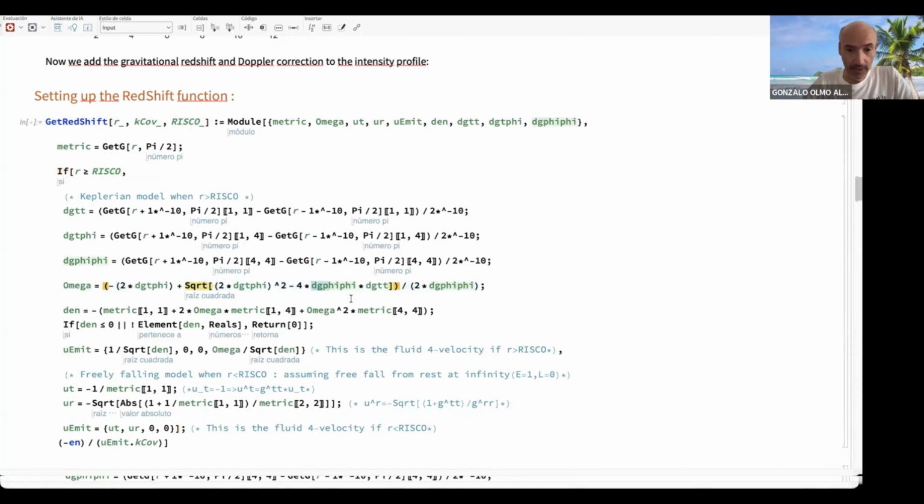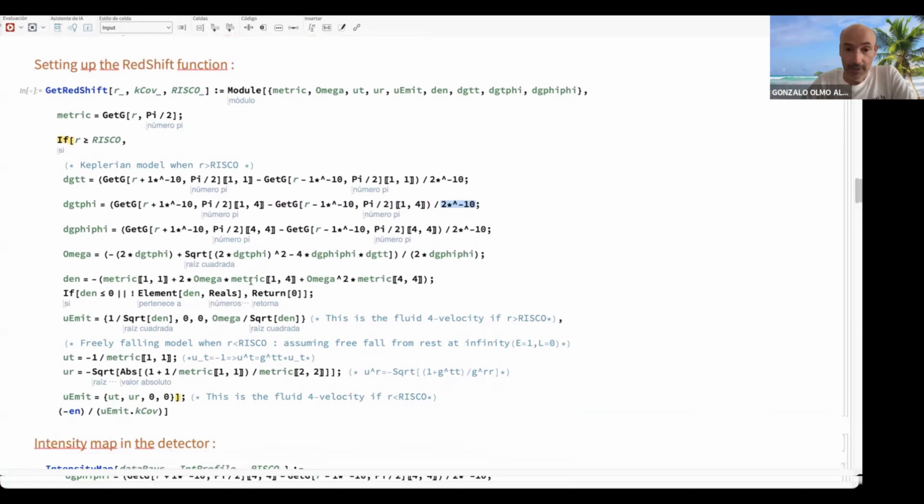The different quantities here involve derivatives of the components of the metric, so these are Christoffel connections of the metric. I'm computing those derivatives numerically. Note that this is R plus epsilon minus R minus epsilon, divided by 2 epsilon. This is a numerical derivative because it's faster than encoding the formal expressions.